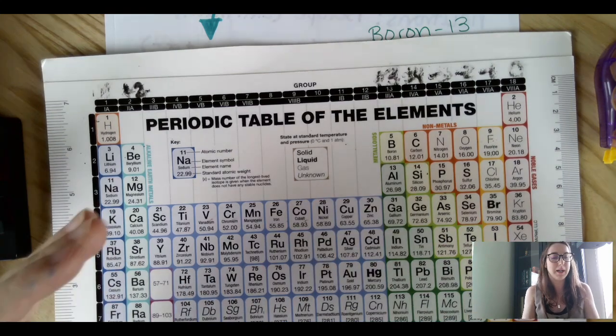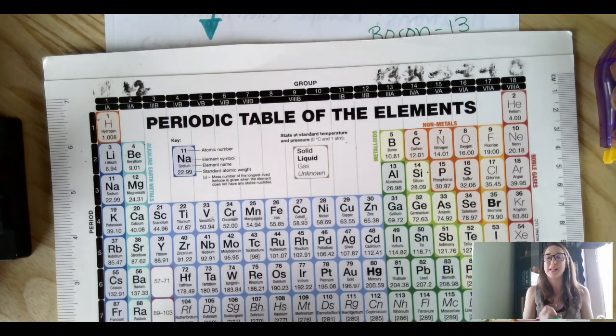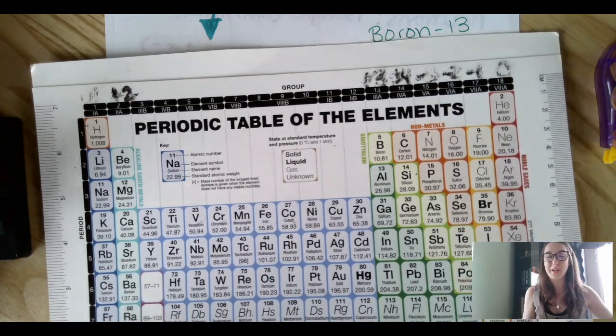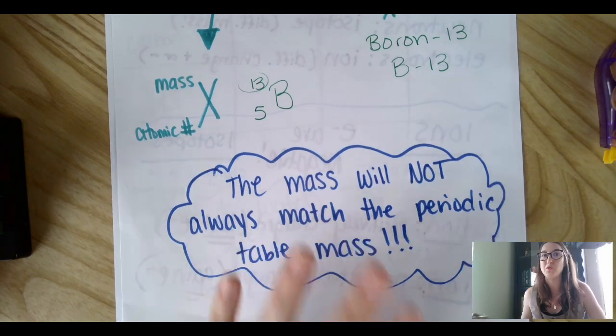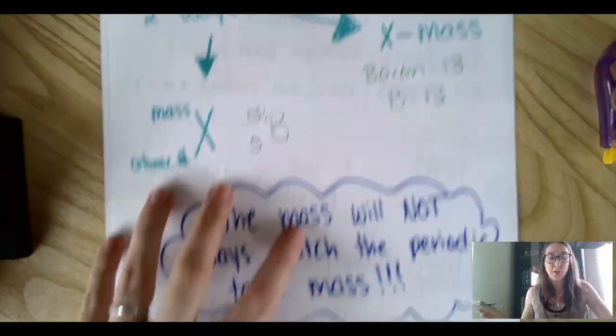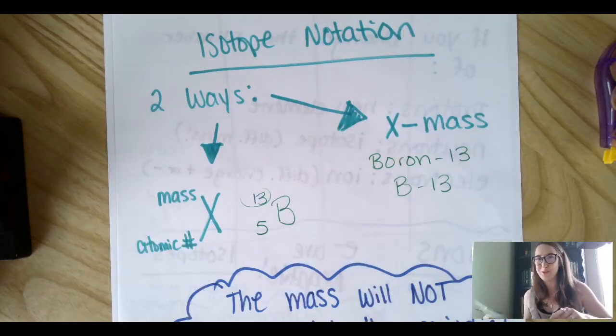The most stable isotope of that element is the one you're going to see on the periodic table. We'll get into that in another video on average atomic mass calculations. So do not use the periodic table mass. You need to use the mass that they specifically give you or ask for in the isotope notation.